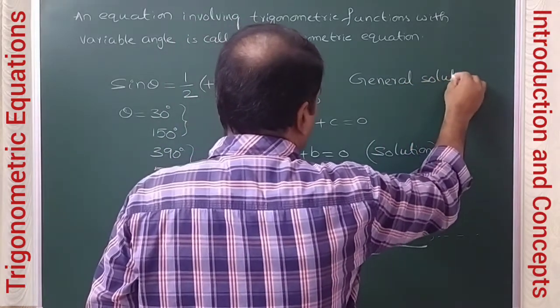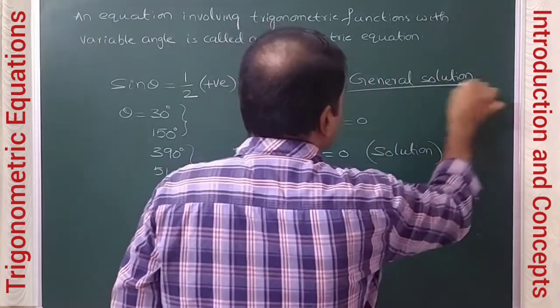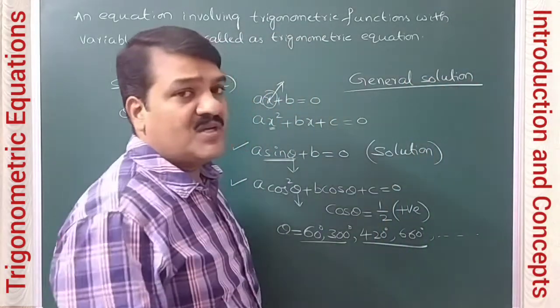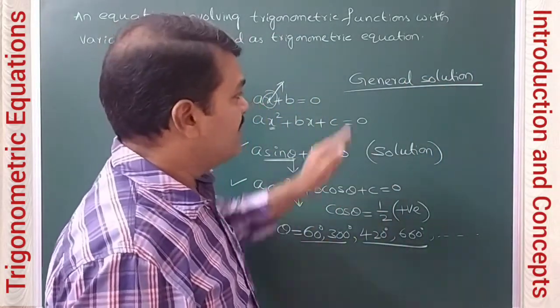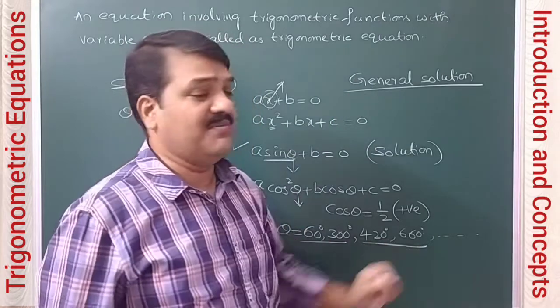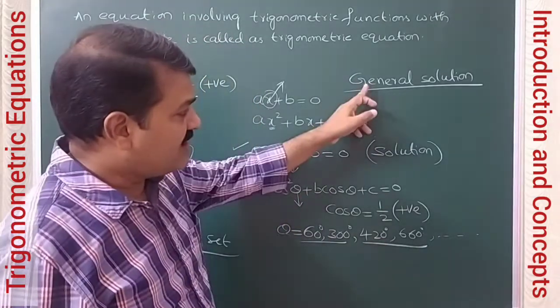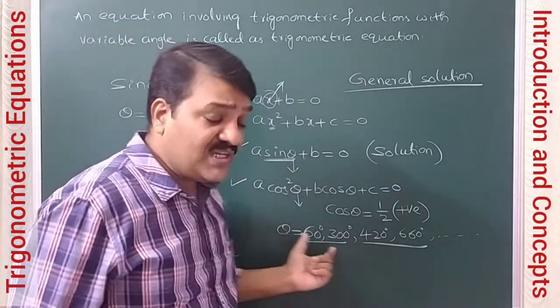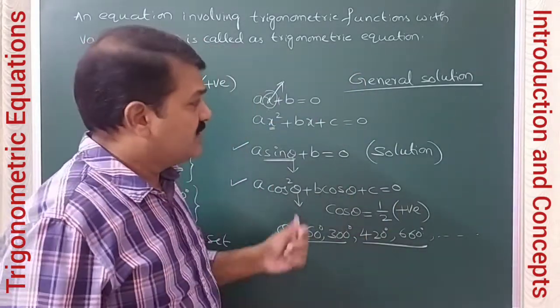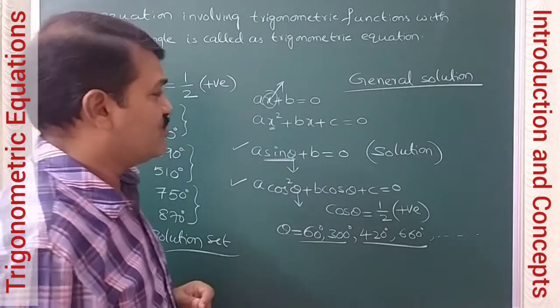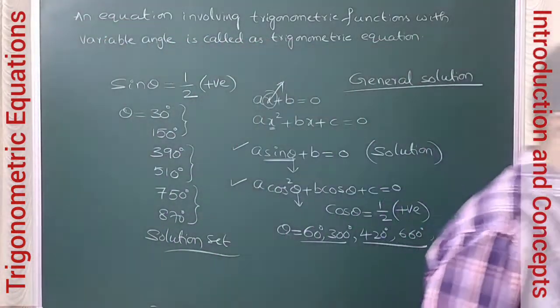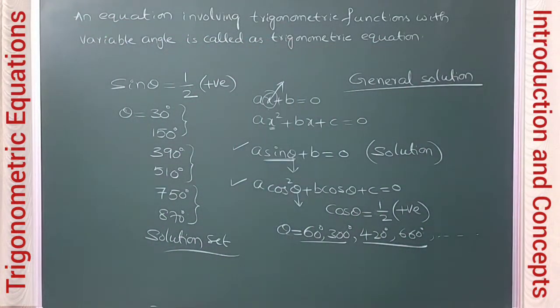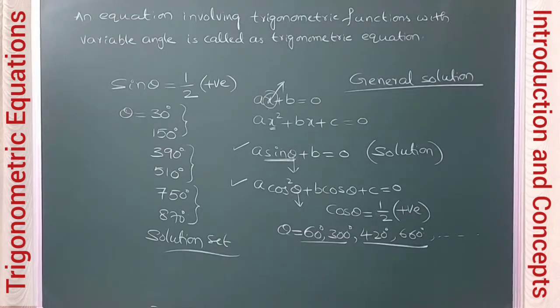Now general solution is actually an expression or formula which represents all the solutions. So when we write the formula, using that formula we can actually get all the solutions. That will be called the general solution. So before going to general solution, let us discuss particular solutions or principal solutions.